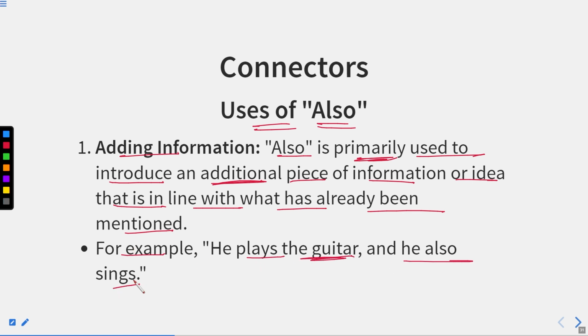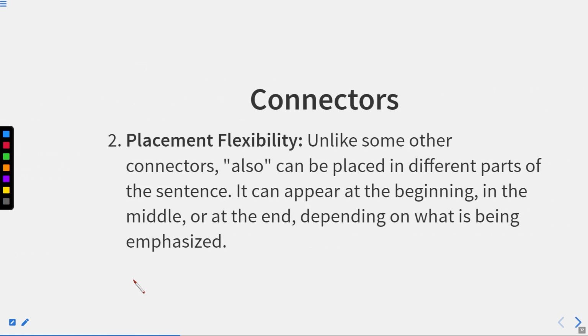So there are two qualities in him. First of all, he plays the guitar. Another thing, that he sings as well. He also sings. So here we are using also. Also can be substituted with the words as well. They serve the same concept, in fact.